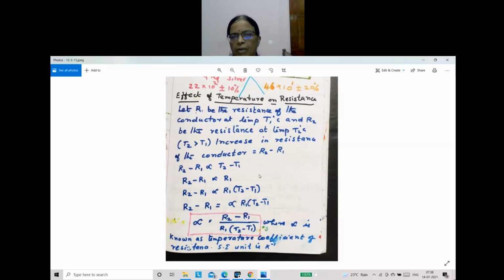And if current passes through a wire, what is resistance? It is the property to resist the flow of current, opposition to the flow of current.